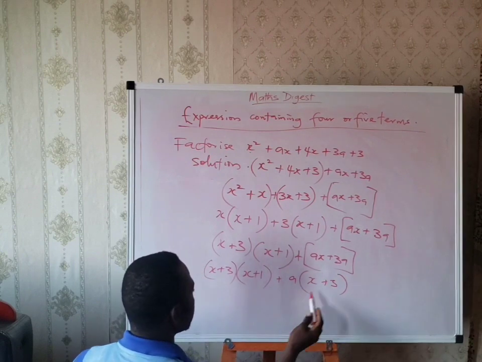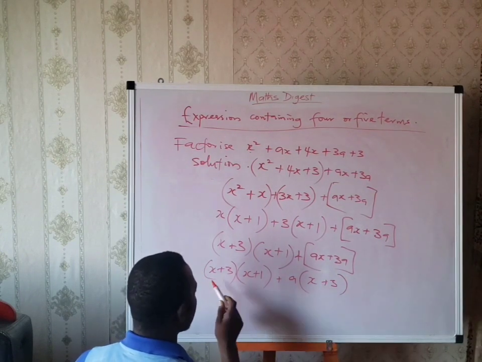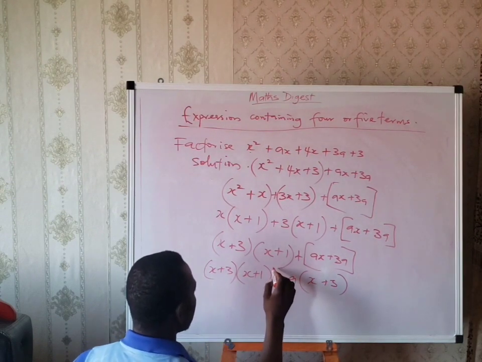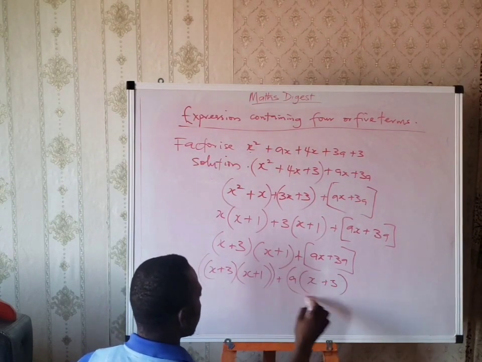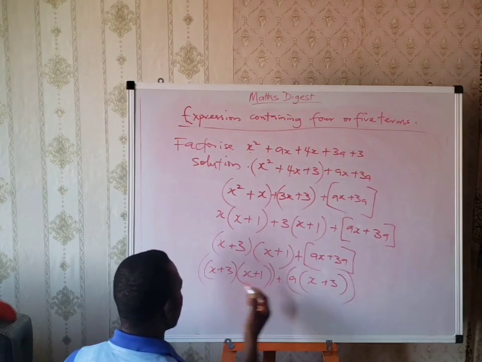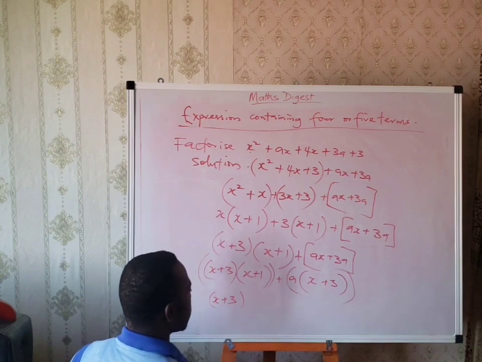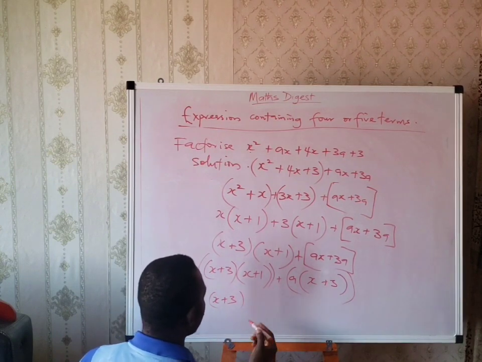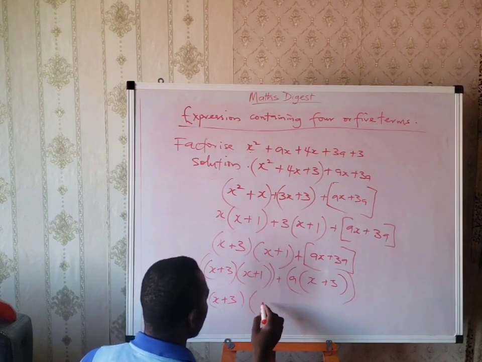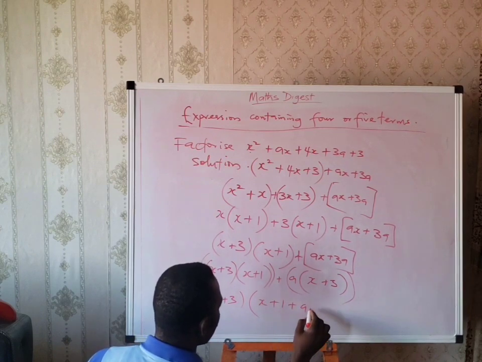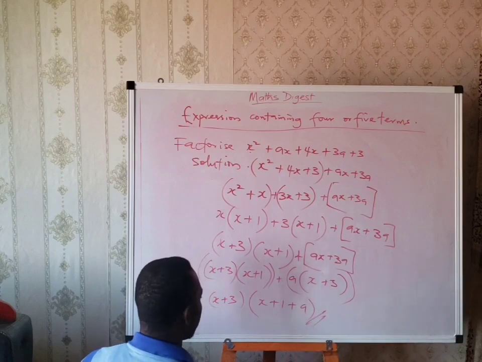Now, if you look at this, you see that they are common. You write it out first. Remember, these are now separate entities entirely. So you can decide to pick these two, x plus 3 in brackets. Now you represent this as well. This will now be x plus 1 plus a. Okay, so this is the final answer.